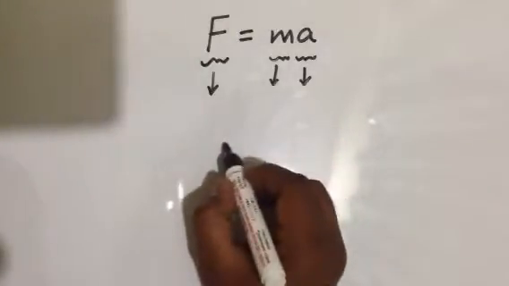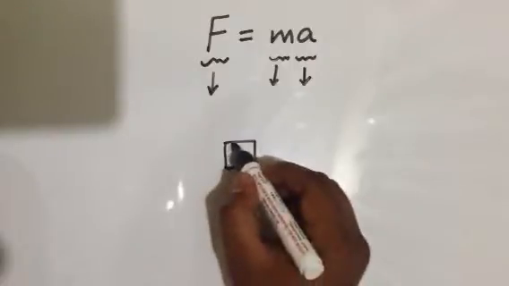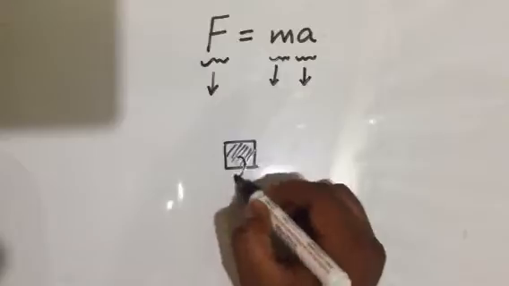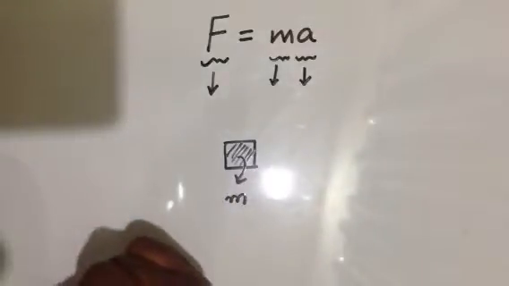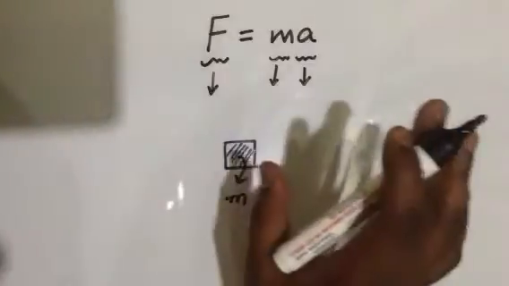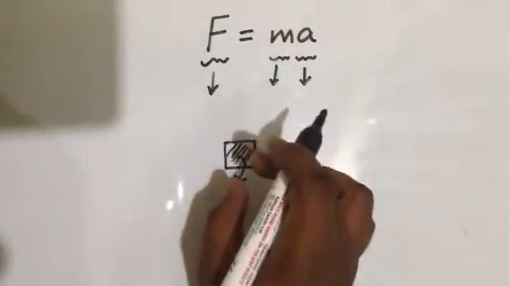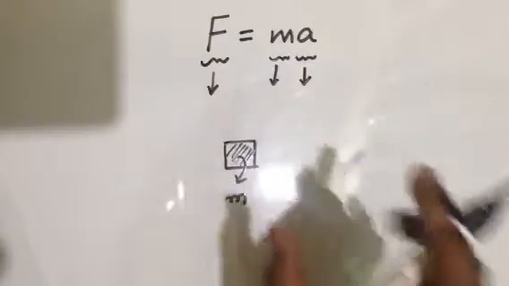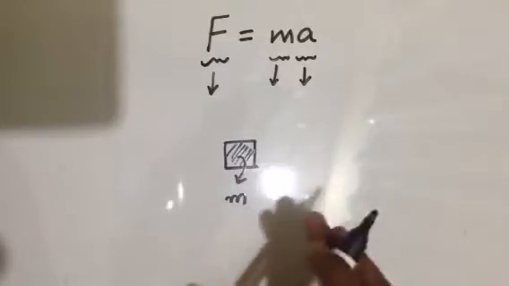You take any body. Most of the people take a square shaped body, so I'm also taking a square shaped body. It has a mass m. Let this be anywhere in the universe, and this body can be anything. But usually take it to be of a size that we encounter in our day-to-day lives.